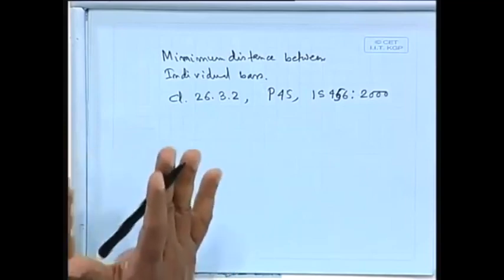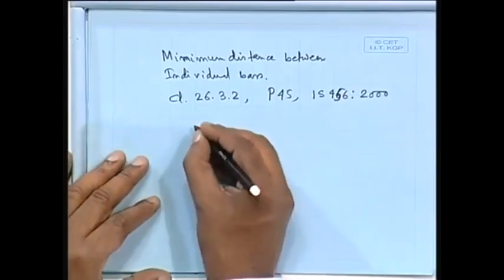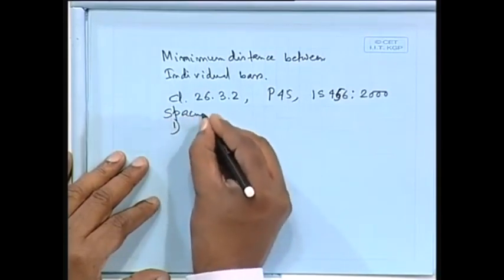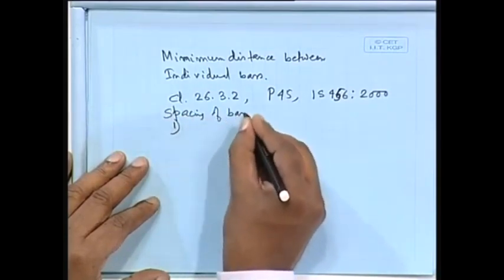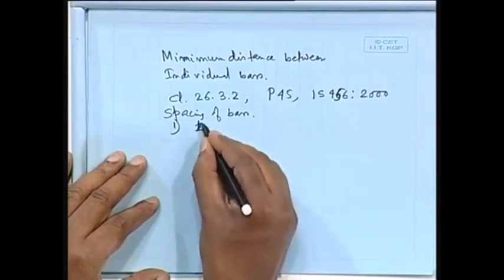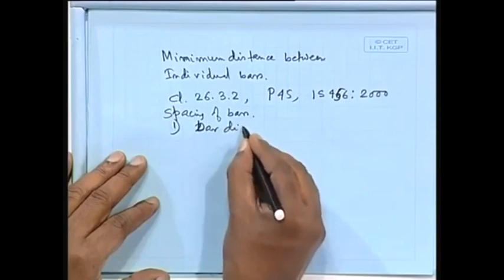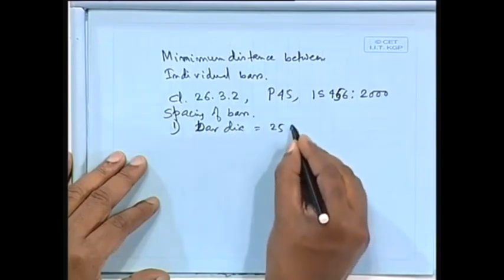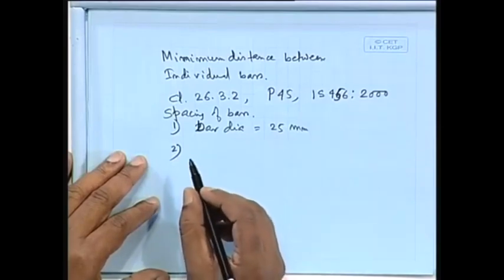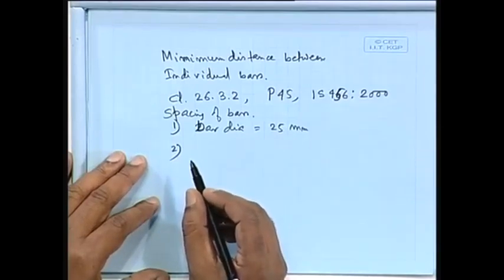But anyway, for the timing let us take 25 millimeter. So, spacing of bars: bar diameter 25 millimeter.